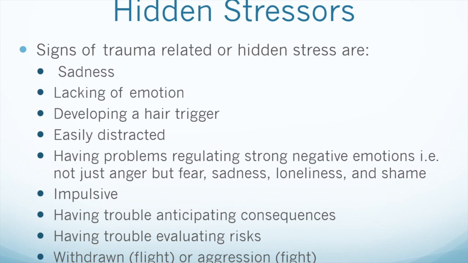This group of stressors usually takes a long time to figure out. For instance, you may react strongly to a particular smell of cologne and not know why, until you trace that particular smell back to a traumatic event. For example, if you have experienced physical abuse. And once you are aware of the traumatic event, you begin to heal yourself. Depending on the level of trauma, learning to self-regulate will help.